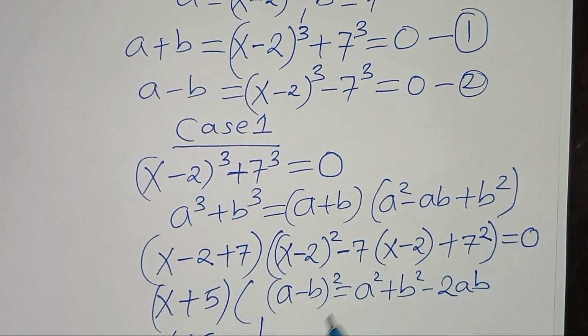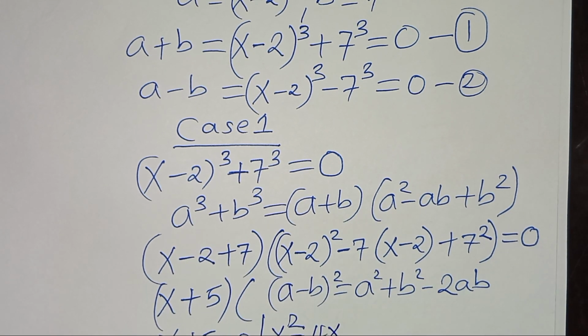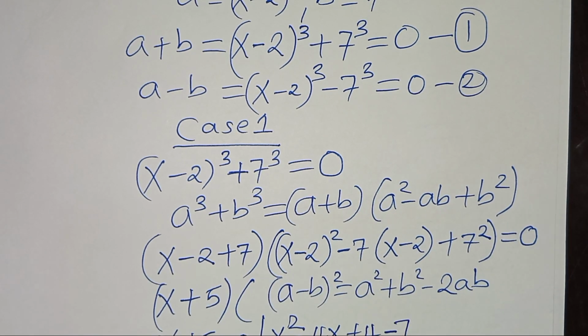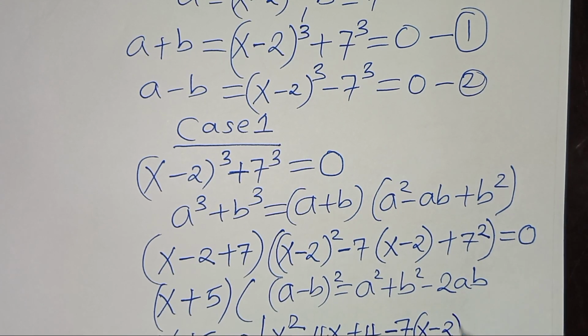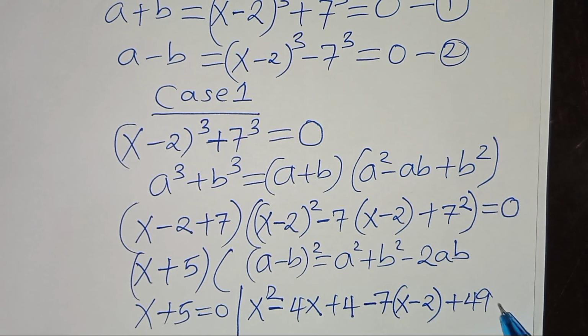And the second part here, we have x squared − 4x + 4, then − 7 multiplying by (x − 2), plus 7 squared, which is 49. So this is equal to 0. Okay, so let's proceed from here.